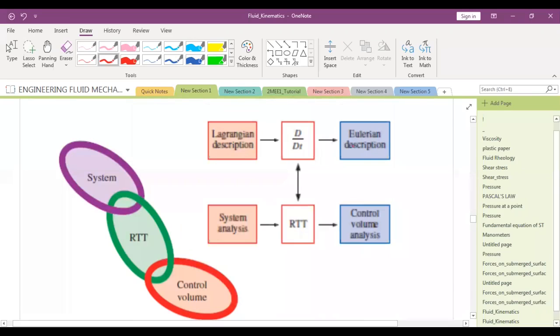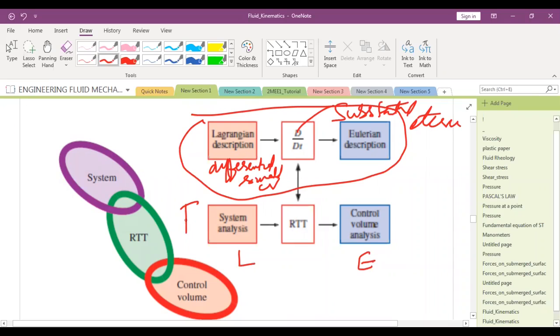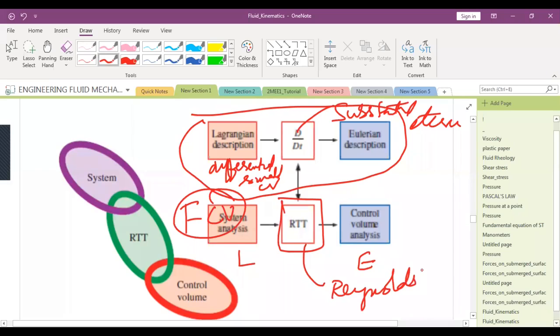So Lagrangian to Eulerian, when it is a differentially small control volume, this is the relationship, and this is called the substantial derivative or total derivative, Lagrangian derivative, Eulerian derivative, material derivative. And when you go from Lagrangian to Eulerian approach for a finite size control volume, the theorem which does this is called the Reynolds transport theorem.